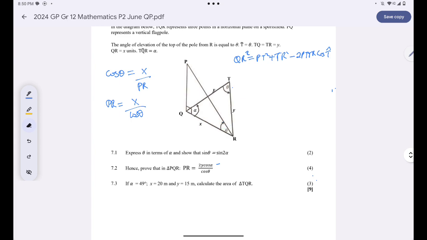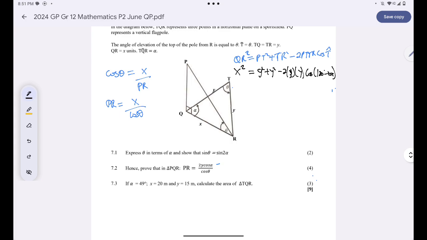Please remember that QR is equal to x. So x squared is y squared plus y squared minus 2 times y and y, and this is the cos of 180 minus 2a.